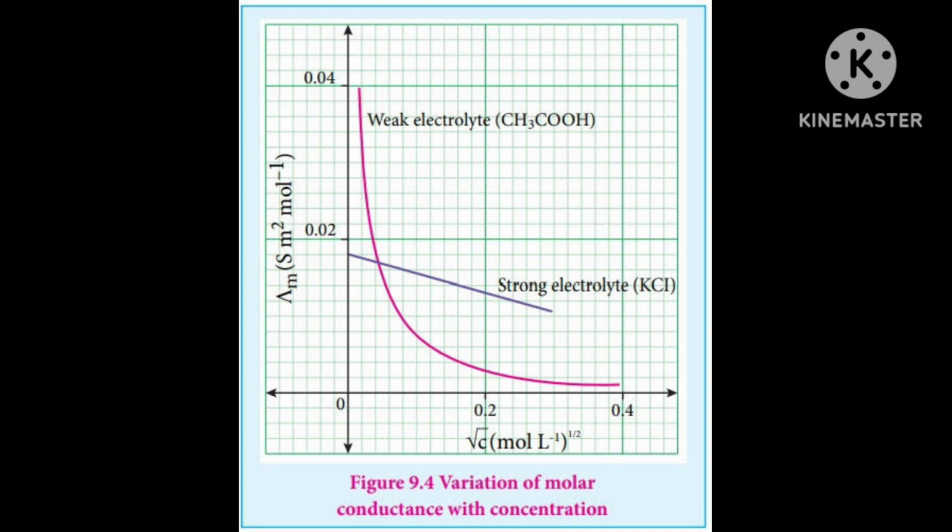In the second experiment, the cell constant value is known, and you find the R value of another solution, may be NaCl, MgSO4, calcium chloride, or acetic acid, because in the beginning you took a standard solution, KCl, to find the cell constant.